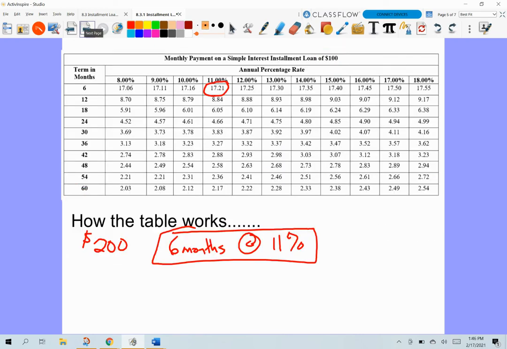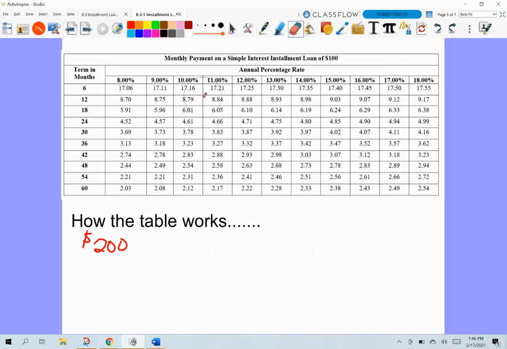So if I change this, let's say instead of 6 months at 11%, I do 48 months at 12%, which I don't know why you would need to take out a 4-year loan for $200, but whatever. So 12%, 48 months, you would pay $2.63 every single month for a $100 loan.